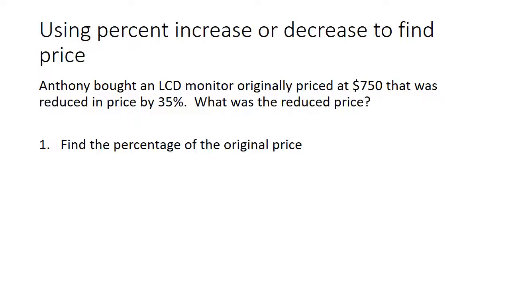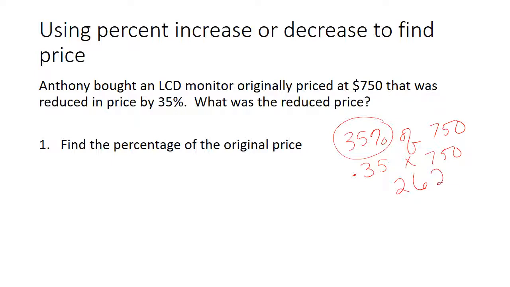I'm going to change this to a decimal. Of means multiply, so I'm going to multiply 0.35 times 750 and get 262.5. So that's how much it was reduced.